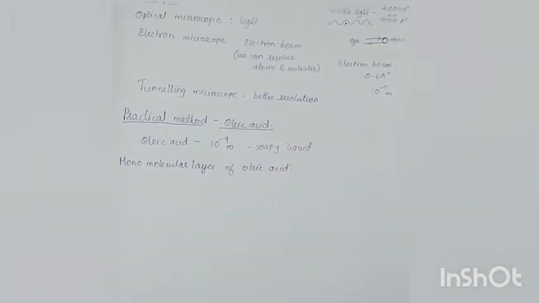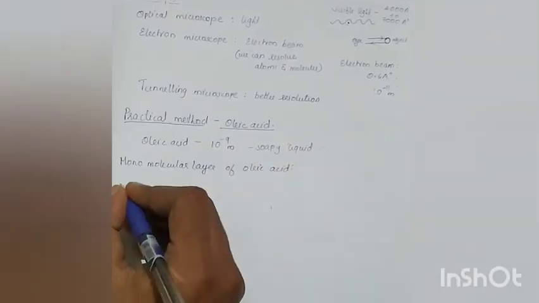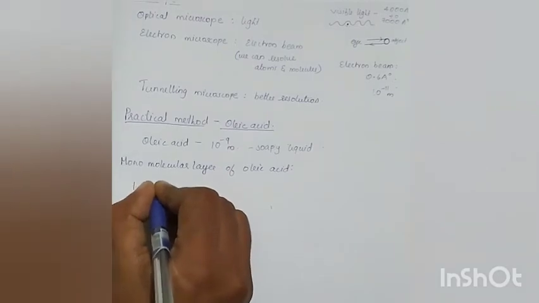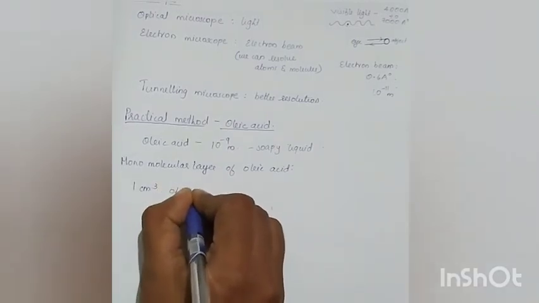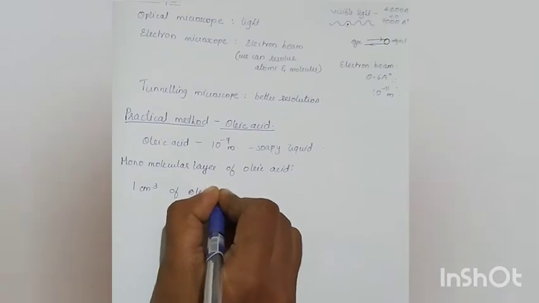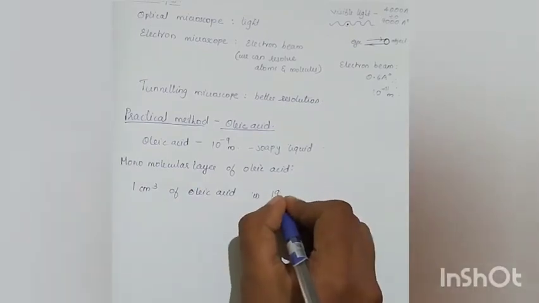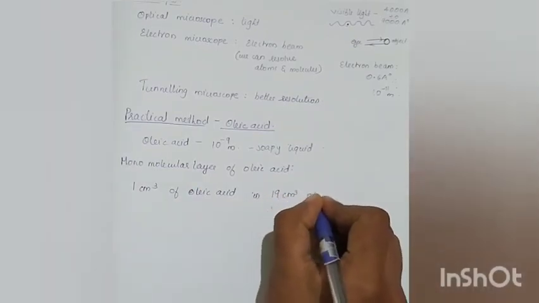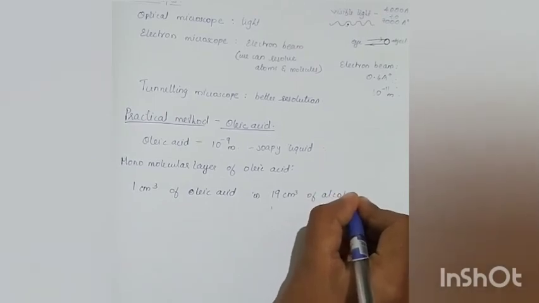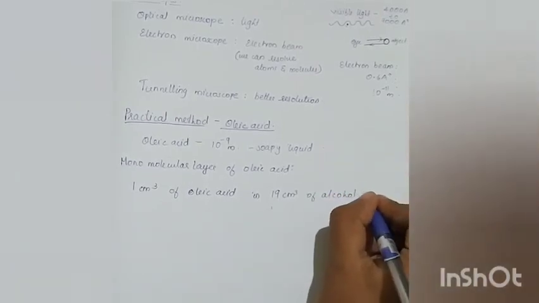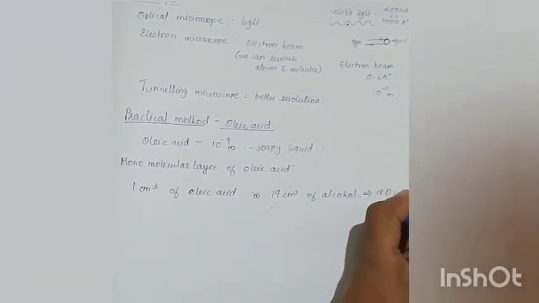For that, we dissolve 1 centimeter cube of oleic acid in 19 centimeter cube of alcohol. Thus altogether we get a solution of 20 centimeter cube.